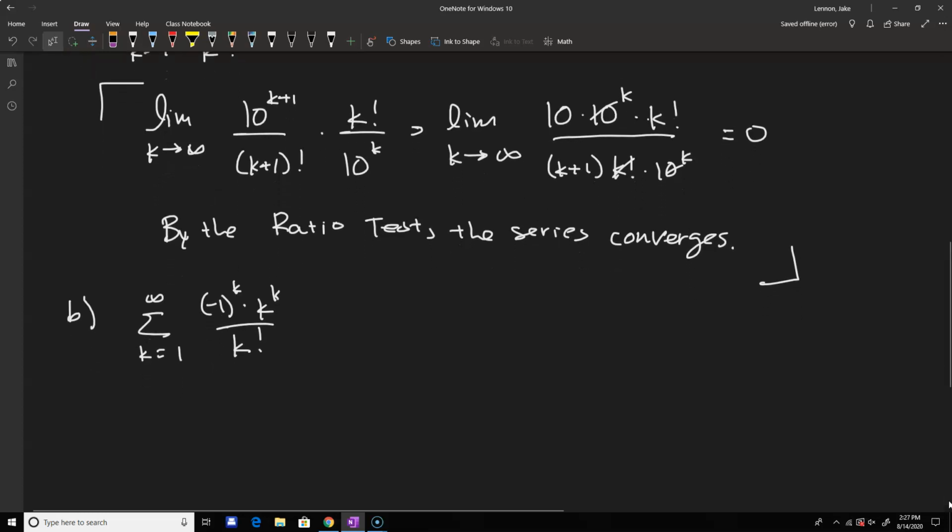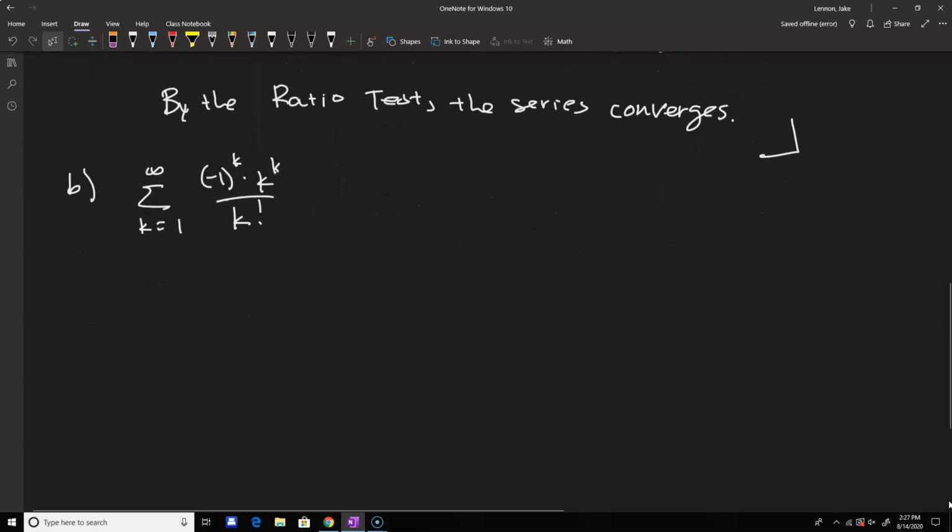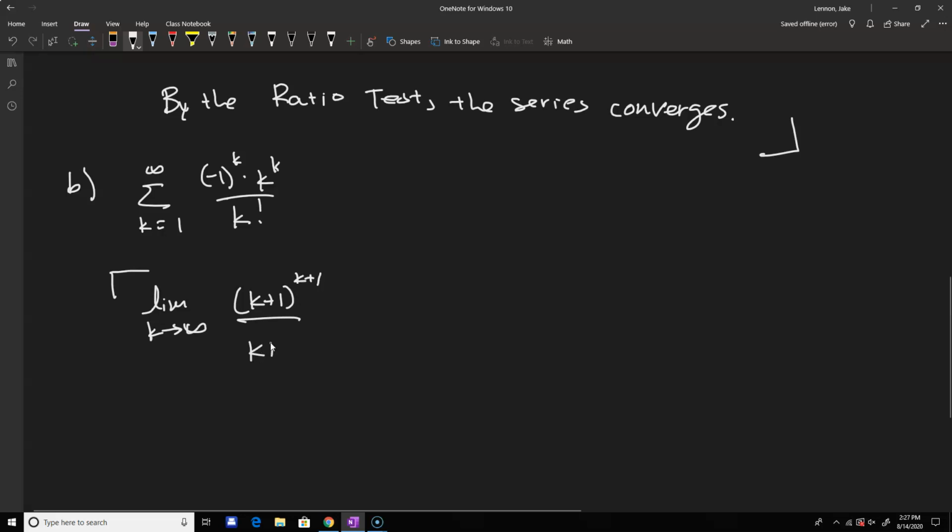So what are we doing here? We're again just looking at the limit as k goes to infinity. Remember the k plus 1 is on top. The absolute value is just removing this (-1) to the k, so we get k plus 1 raised to the k plus 1 over k plus 1 factorial, and then we need to multiply by the reciprocal, so that's going to be k factorial over k raised to the k.